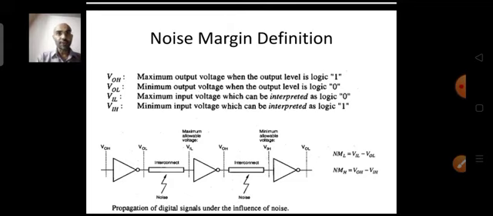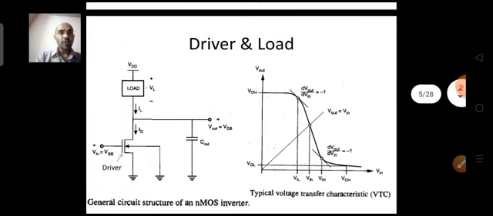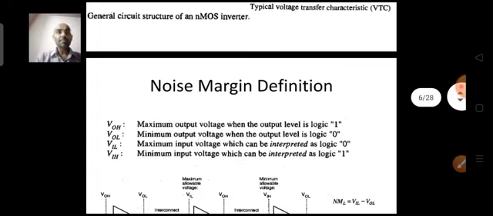Then VOL, on the y-axis, is on the lower side near 0. It is the minimum output voltage when the output level is logic 0. The minimum voltage which you interpret as logic 0 is denoted as VOL.